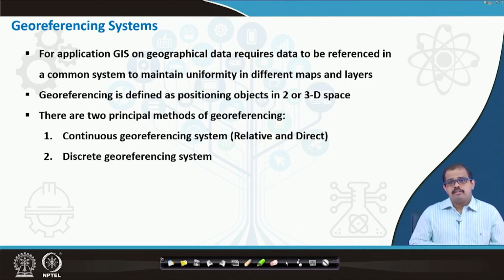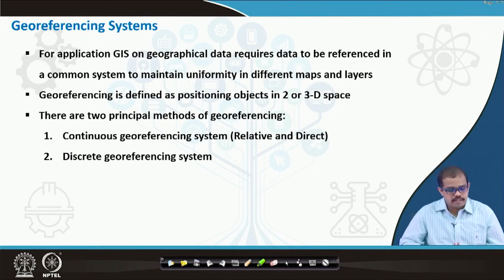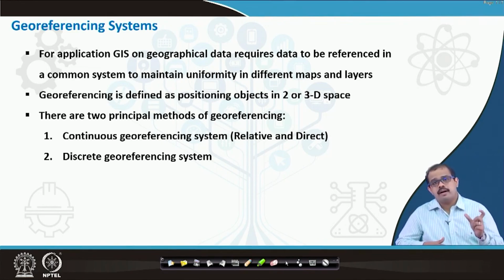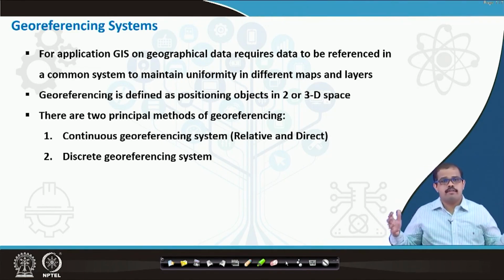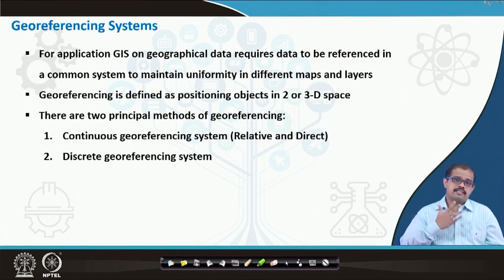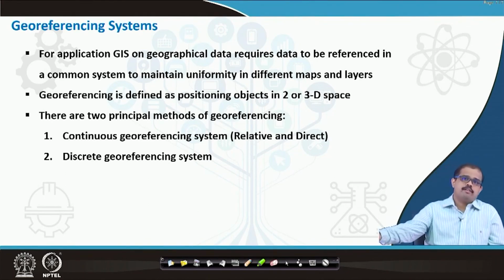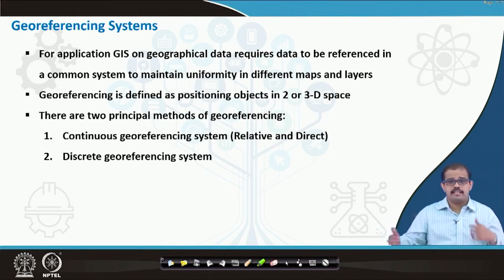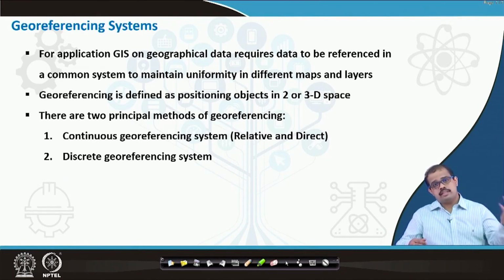So next we look at georeferencing systems. Whenever you look at any geographical data, it requires a referencing system for a common system of maintenance or uniformity. For example, let us say I develop a georeferenced map, someone else develops a georeferenced map, and a third person is again developing a georeferenced map.